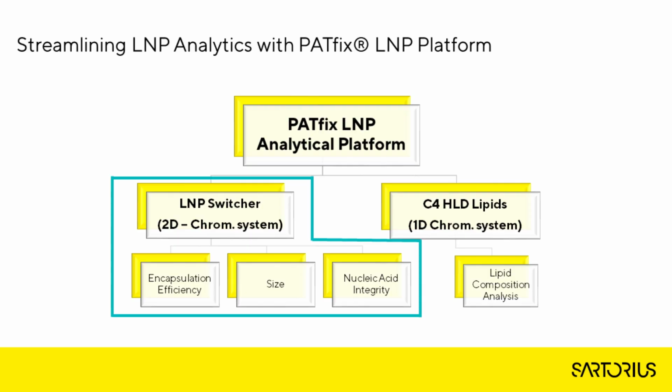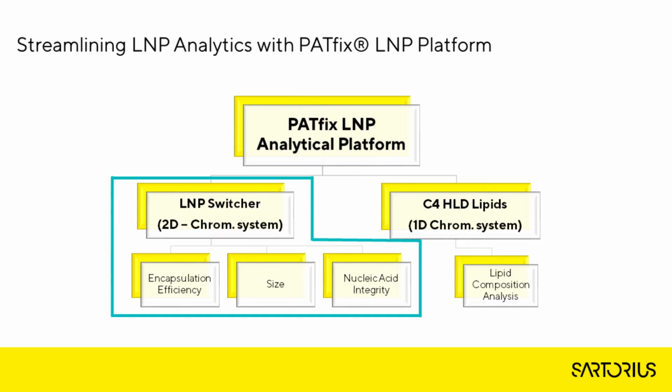One method we call LNP Switcher, and this is a two-dimensional chromatography method that can be used for determination of encapsulation efficiency, size, and nucleic acid integrity. There we have also another method, which is a conventional one-dimensional chromatography method, and is used for lipid composition analysis.